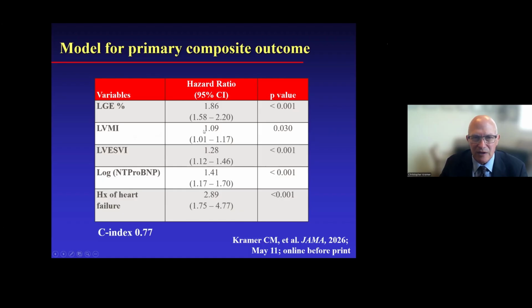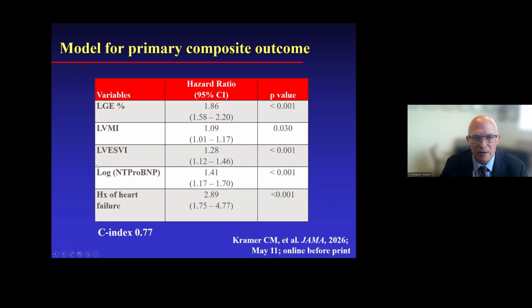LV mass index with a hazard ratio of 1.09 per 10 grams per meter squared increase in LV mass index. LV end-systolic volume index, hazard ratio of 1.28 per increase of 10 milliliters per meter squared.